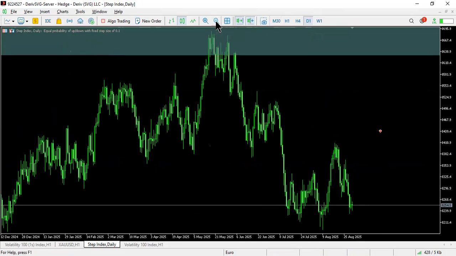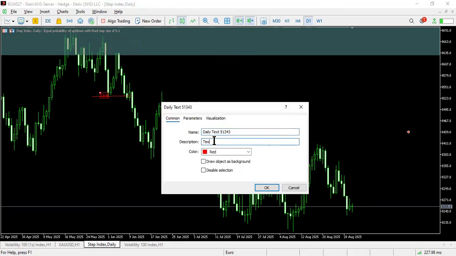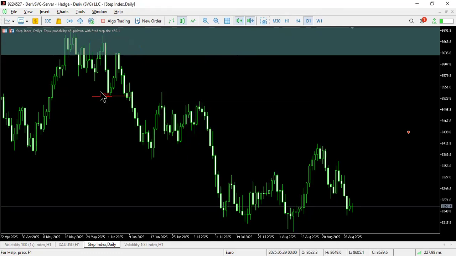And then from the weekly time frame to the daily time frame, I like to study and see what price has done before. So from here, actually, let me start from there. So from there, we had a break of structure, and then that was the order block.